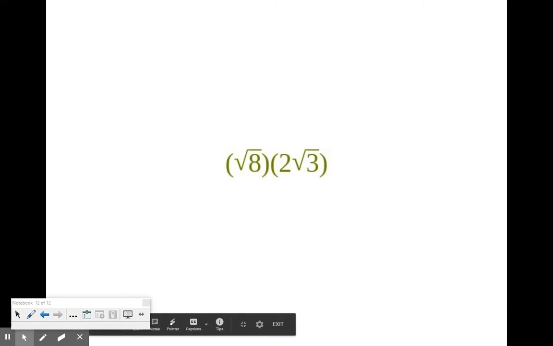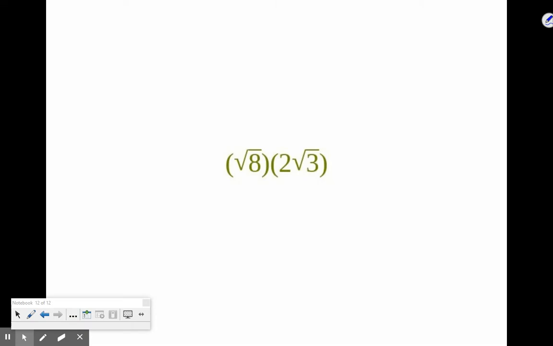All right, here we go. We got 2 times, well, 2 doesn't get multiplied by anything. Technically, there'd be a 1 out in front here. So it's just 2. Then we have 8 times 3. So we get the square root of 24. 24 can be simplified down because we have the perfect square 4 times 6. 4 goes into it.